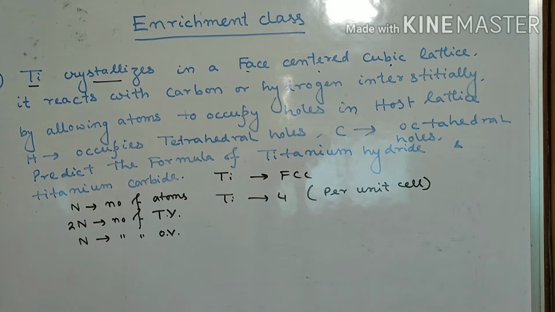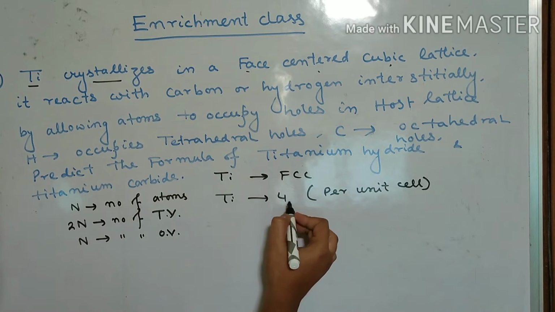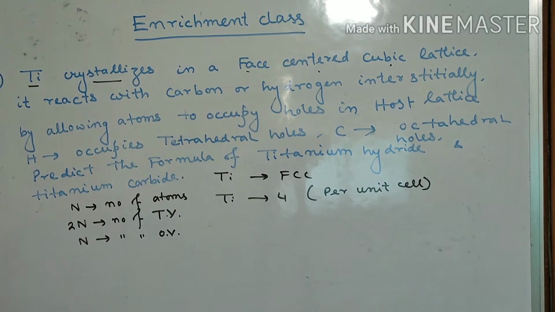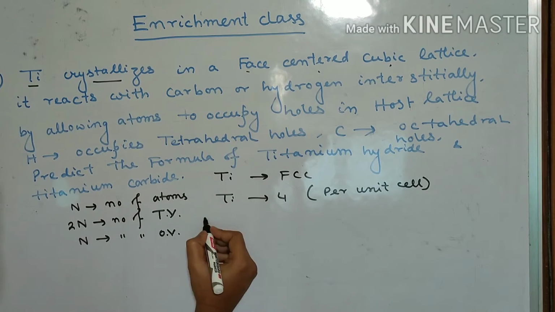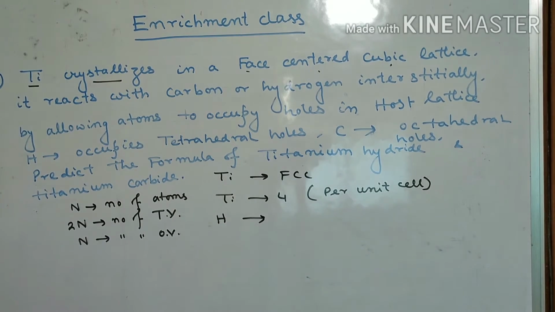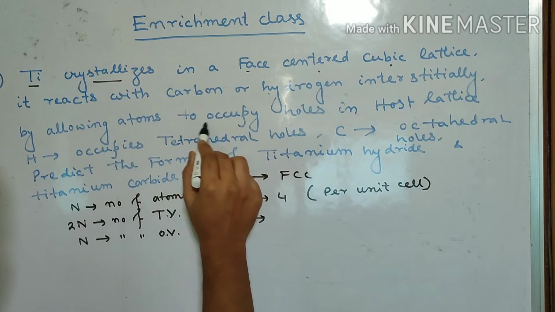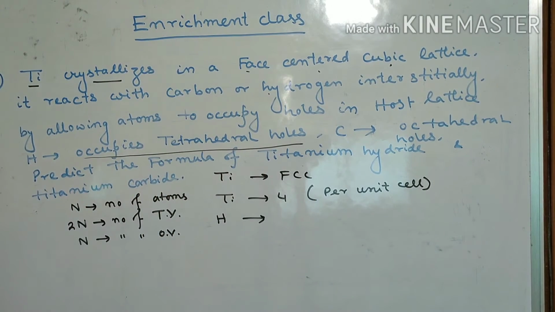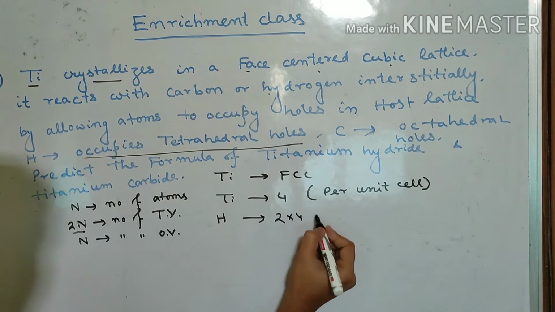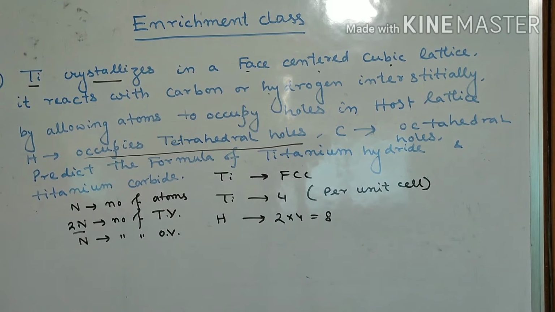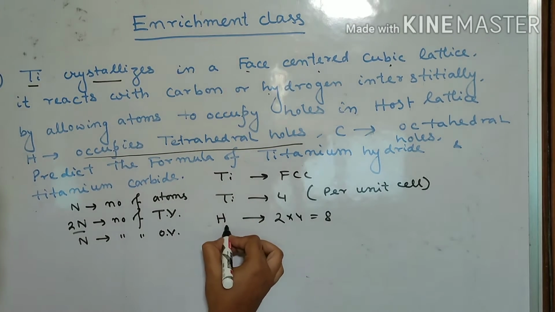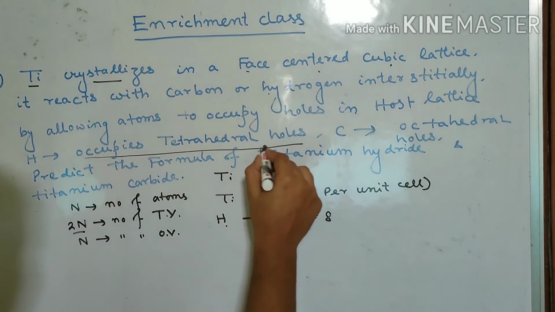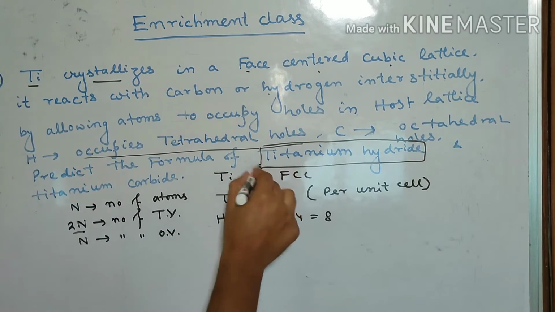How? The number of titanium atoms in this unit cell is 4, so obviously how many hydrogen should there be? Hydrogen occupies tetrahedral holes, so it should be 2n. So the number of hydrogen should be 2 into 4, which is 8. Titanium and hydrogen combine to form titanium hydride.